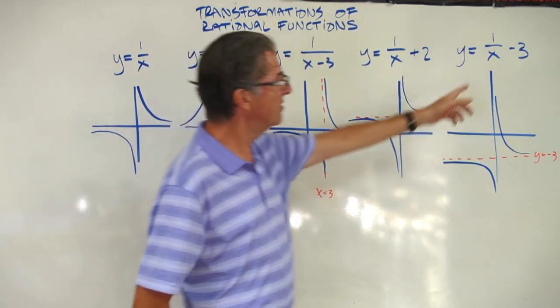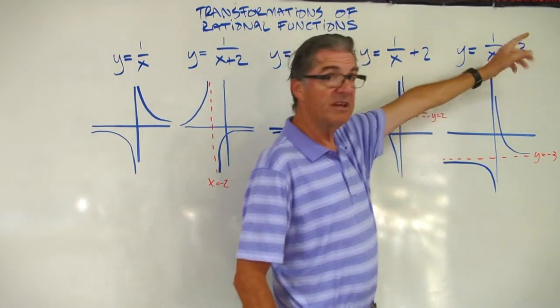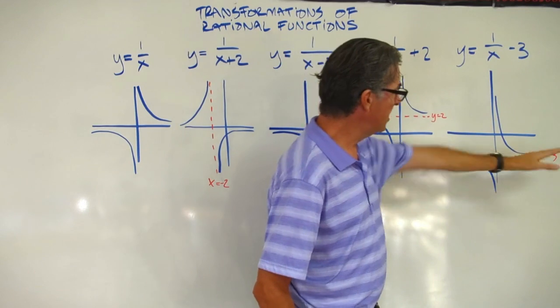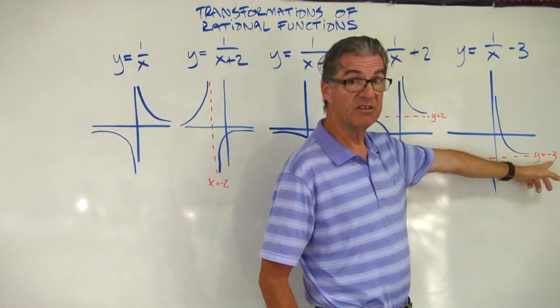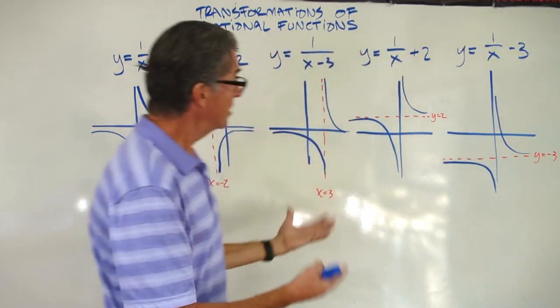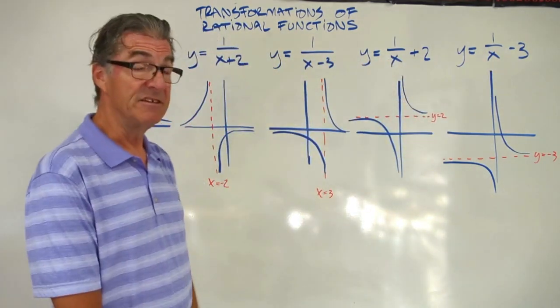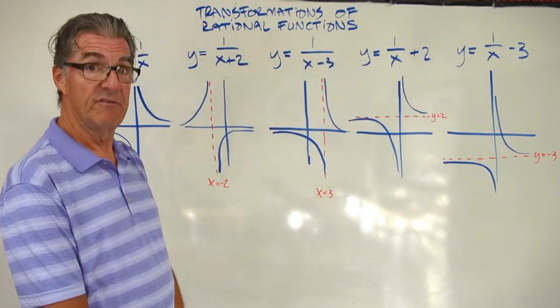And then finally, when we go to 1 over x minus 3, again, outside the denominator, we've shifted the graph down with the horizontal asymptote of y equals minus 3, okay? So you can start to see the pattern here with the adjustments we're making in our rational function.